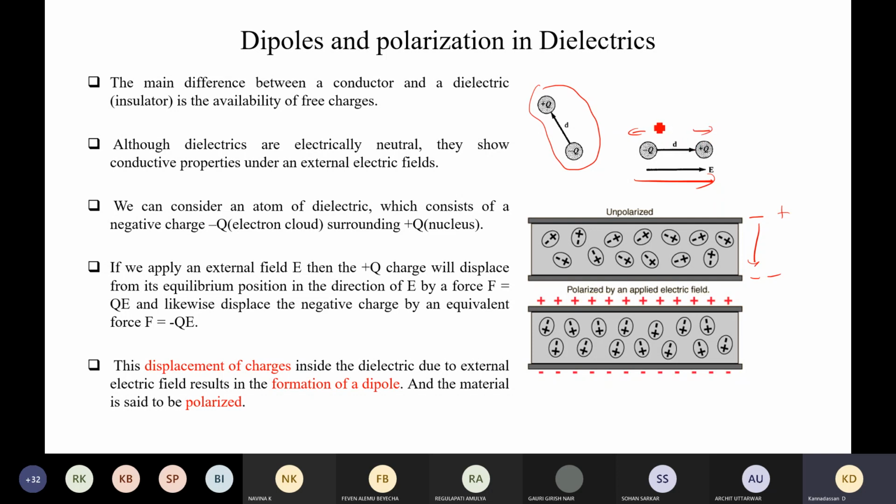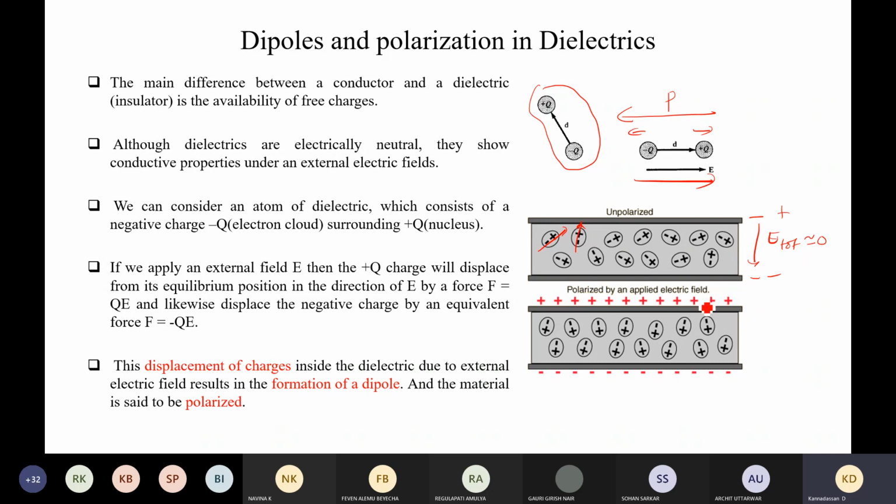Therefore, the induced electric field will be on the opposite side, which we refer to as the moment. Here you can see that the moments are in different directions. Therefore, the total electric field inside the dielectric material we can assume is approximately zero because it is randomly distributed and they cancel each other.